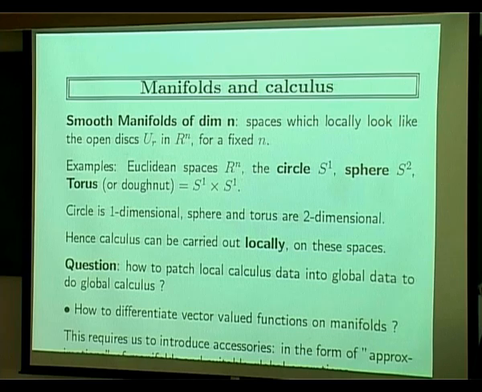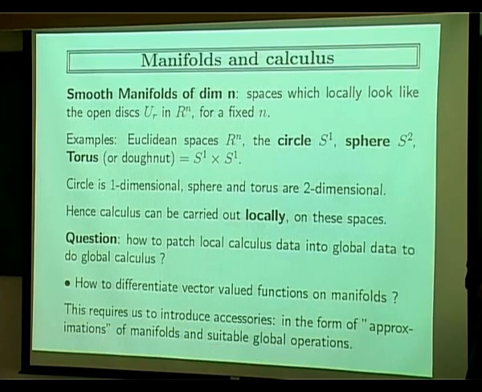So this motivates a definition of good topological spaces. These good topological spaces are called smooth manifolds of dimension n. These are spaces which look like your Euclidean n-space, at least locally.